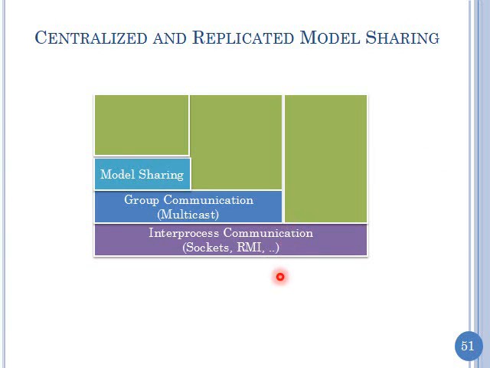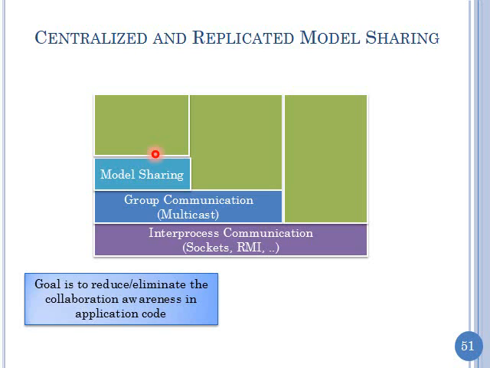And what I want to do now is get away from the session management layer and build on top of it a model sharing layer that will provide automatic support for centralized models or replicated models. And the goal is, if I have this layer, then the collaboration awareness in the application code will be reduced.